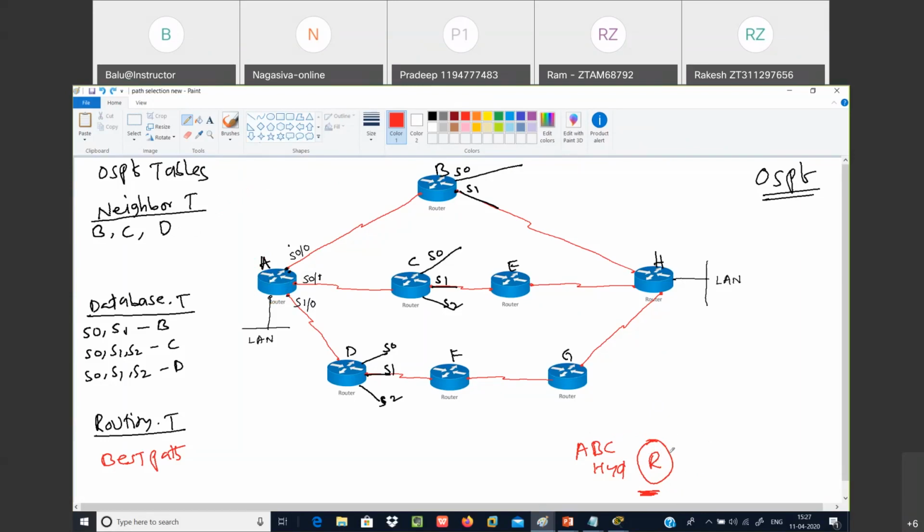From your organization router, how many possible paths are available? What is the entire view of the topology, all possible routes information? How can we get it? Database table. If you log into the router and check the database table, you can come to know all possible routes information, right? Okay, good.